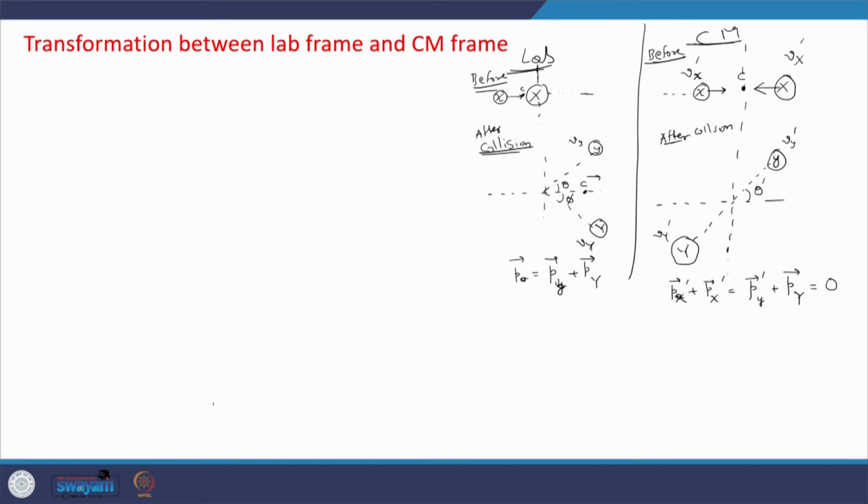Total momentum before and after collision in the CM frame is equal to 0. This has to be kept in mind when you try to solve the relations in the kinematics of a nuclear reaction. All right, so let us see how the relations look.